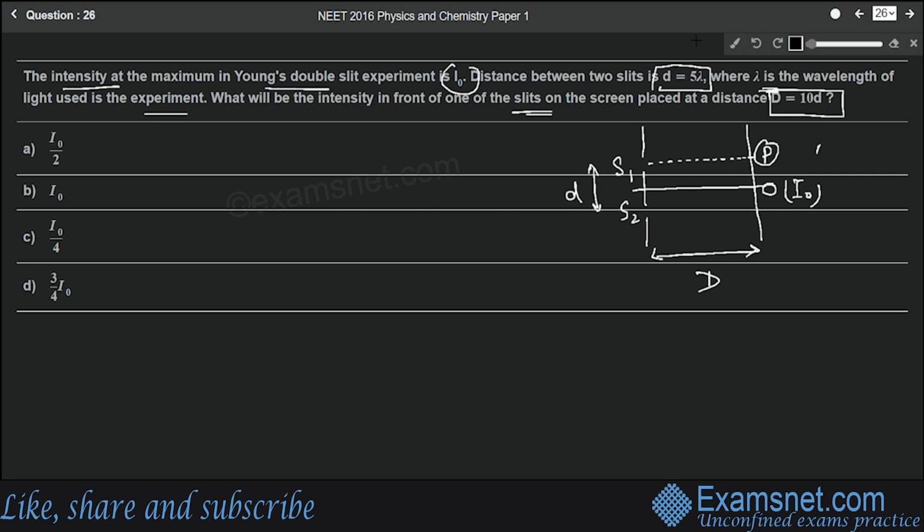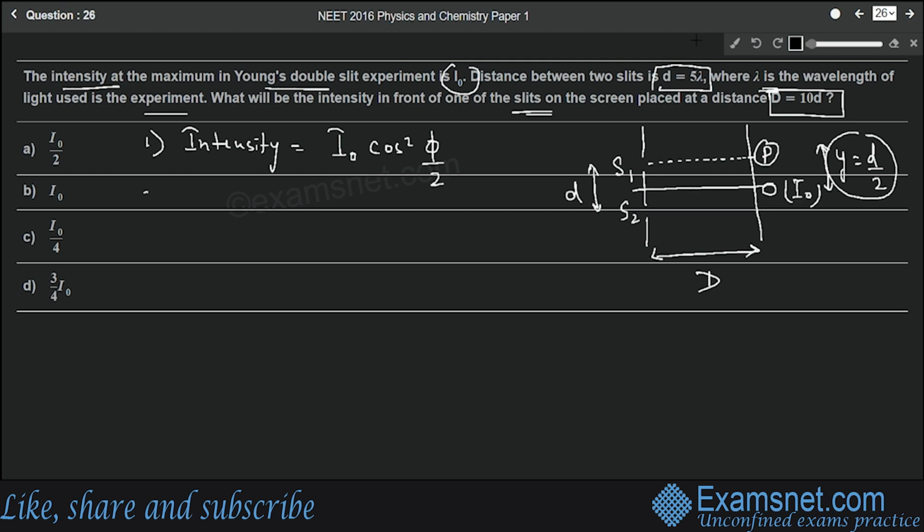Okay, and what is the distance between point O and P? That will be equal to y equals to small d by 2. So this distance is taken as y, and that will be equal to d by 2. Now few things should be kept in mind. First, that intensity of light is taken as I max, that is I naught, into cos square phi by 2, where phi is the phase difference.